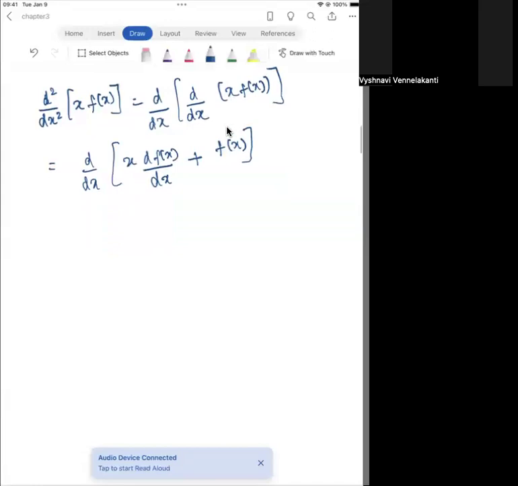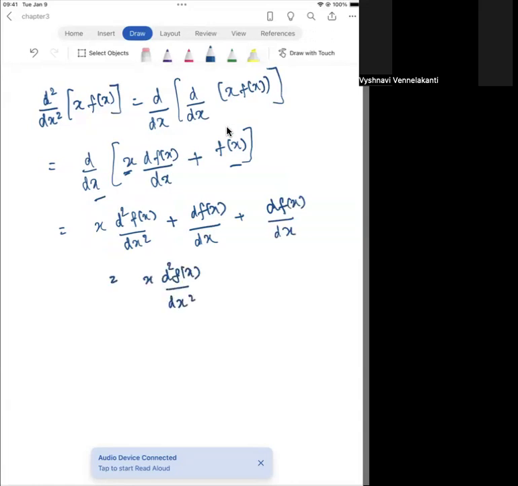Now we're going to take the derivative of this, which is going to be x d squared f of x over dx squared plus, you're going to just take the derivative of x. It's going to be this plus, now you're going to take the derivative of f of x. So this is essentially, okay.